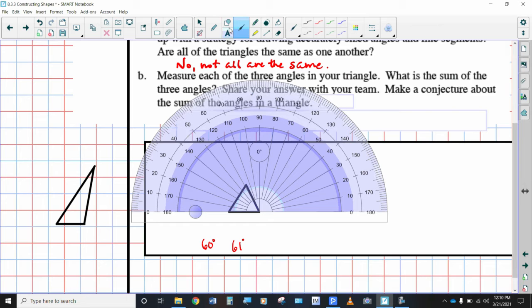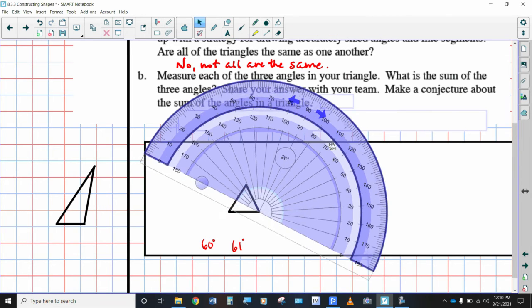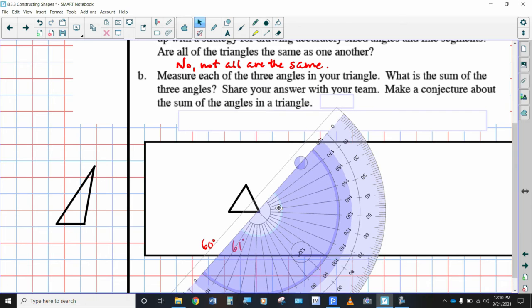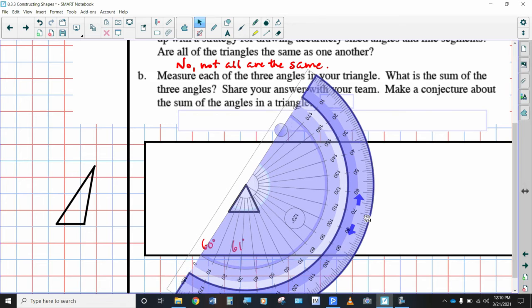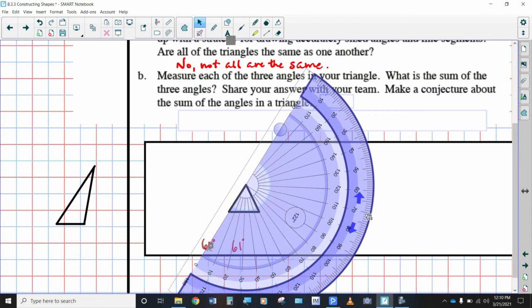Call it 61 degrees. And now for the last angle, let's measure this one right there, put it on the origin. Let's get this lined up with 0. And this one appears to be about 60 degrees.